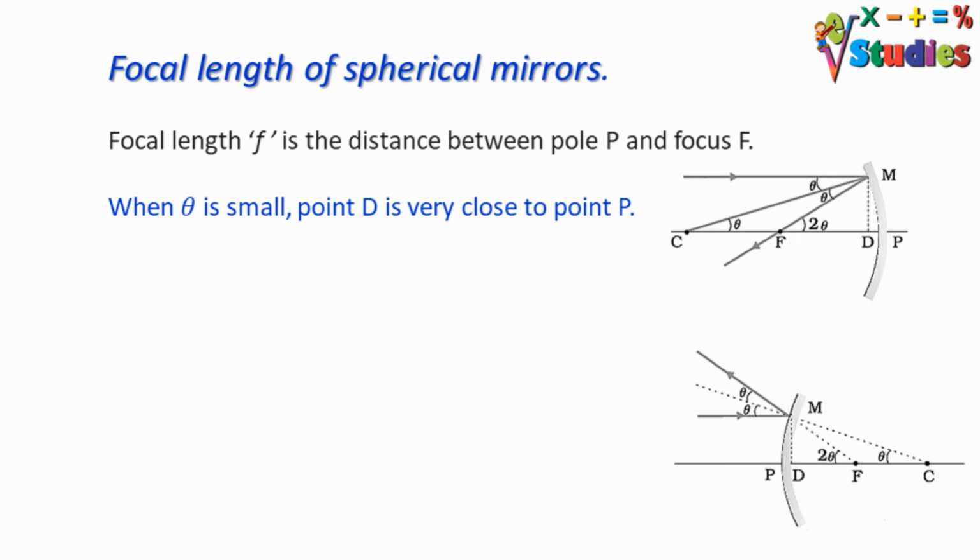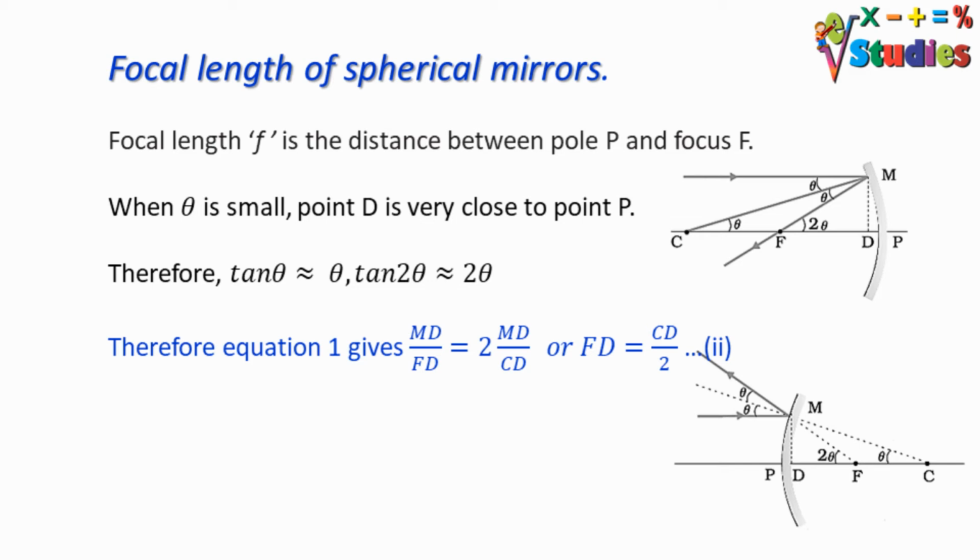So students, as we know, if theta is small, then point D would be very close to point P. If theta is bigger, then point D would be a bit far from point P. Therefore, we can say here that tan theta is almost equal to theta, and tan 2 theta is almost equal to 2 theta.